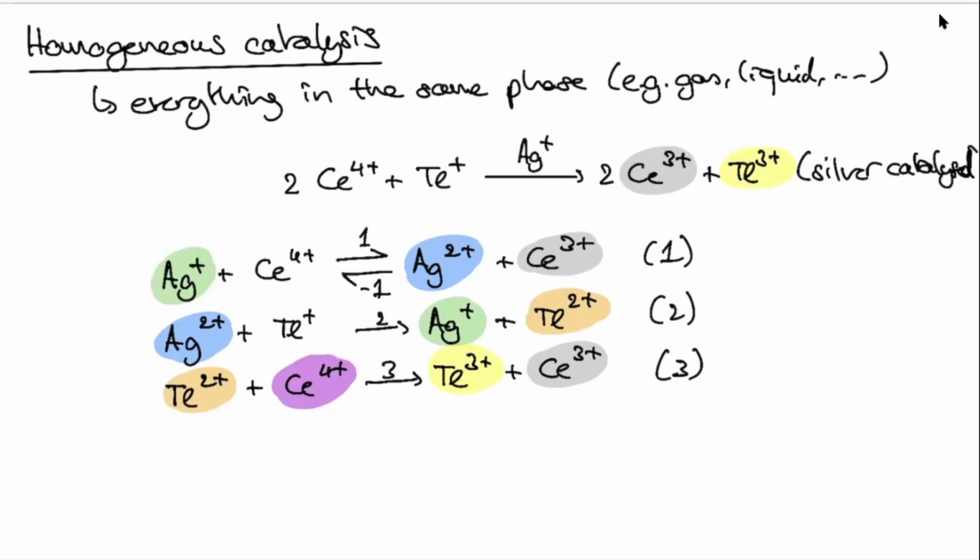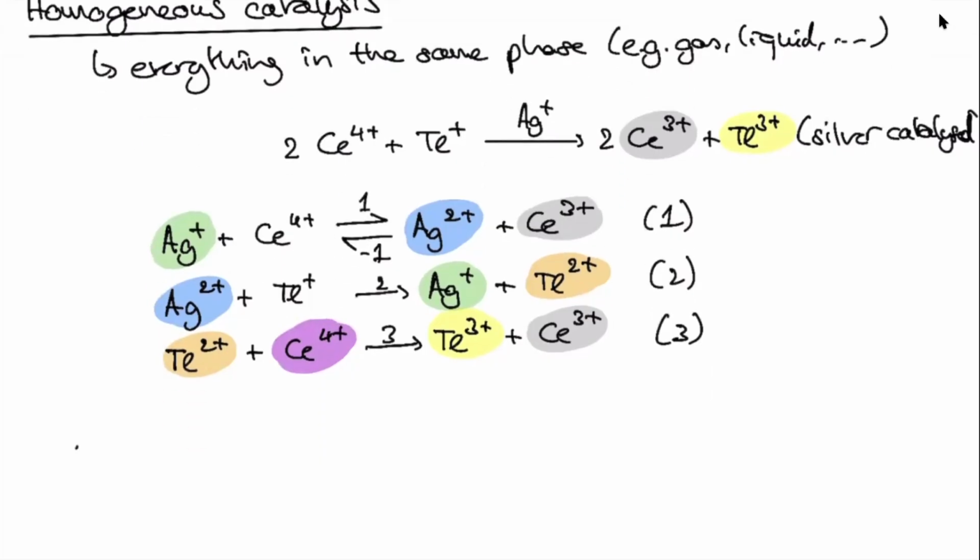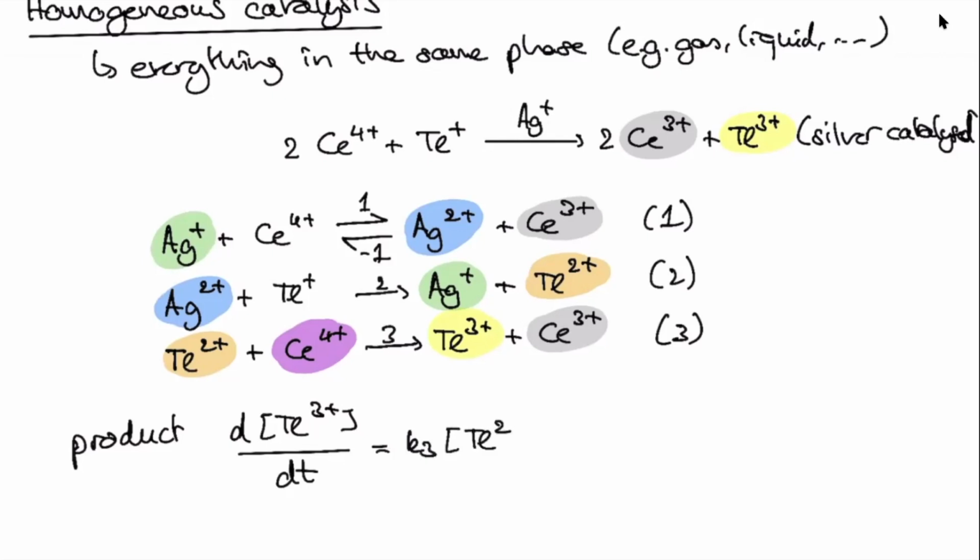So let's look at one of the products. So that's d Tl3 plus dt, which is K3 times Tl2 plus times cerium 4 plus.